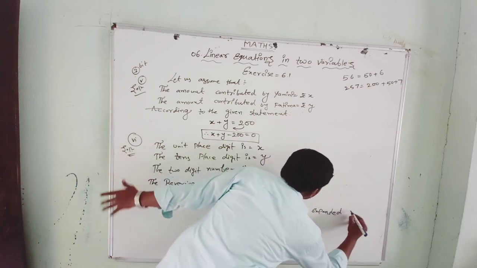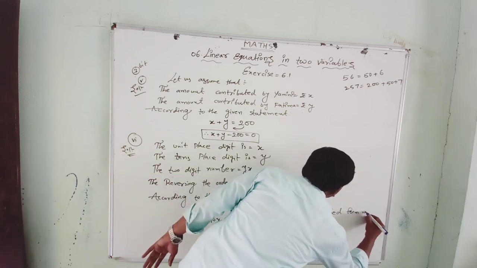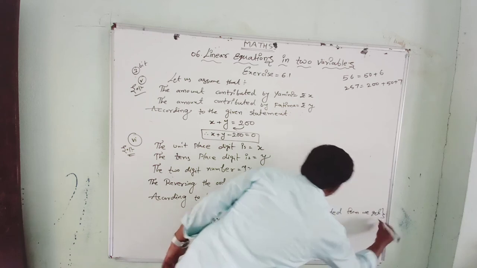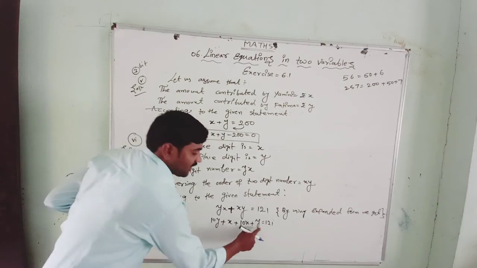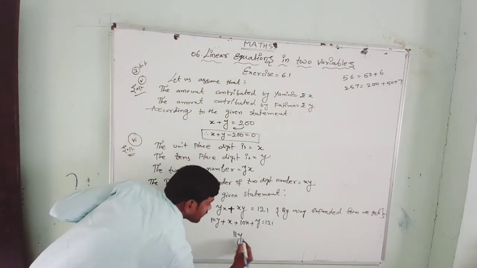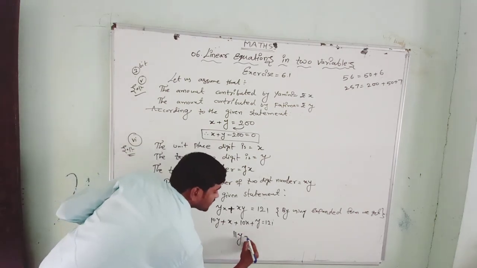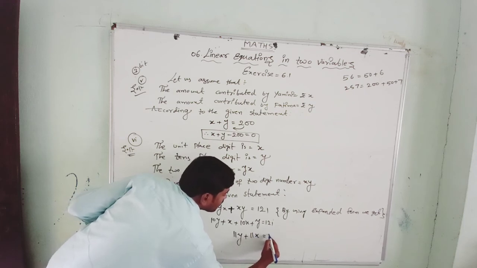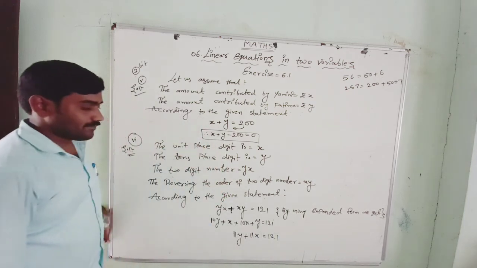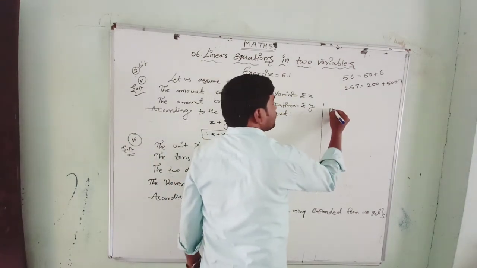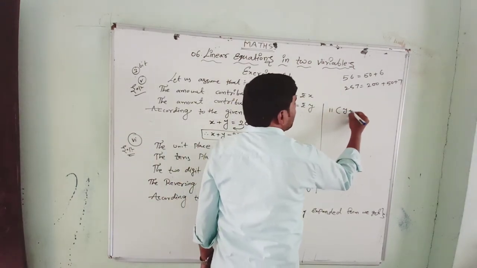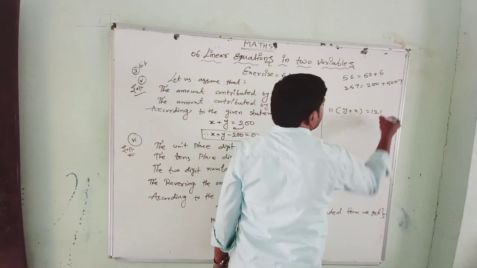By using expanded form we get this step. Here 10y plus 1y is 11y, 1x plus 10x is 11x, equal to 121. Here you take out 11 as a common factor. What will you get? 11 times y plus x equals 121.